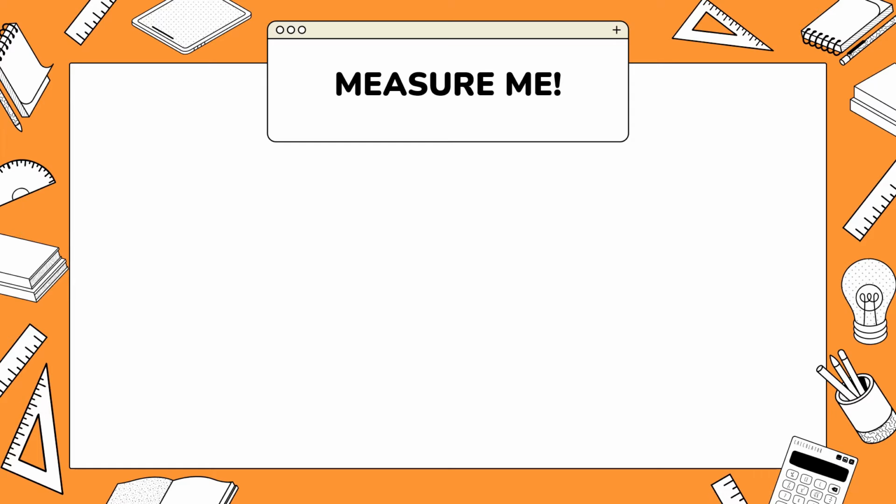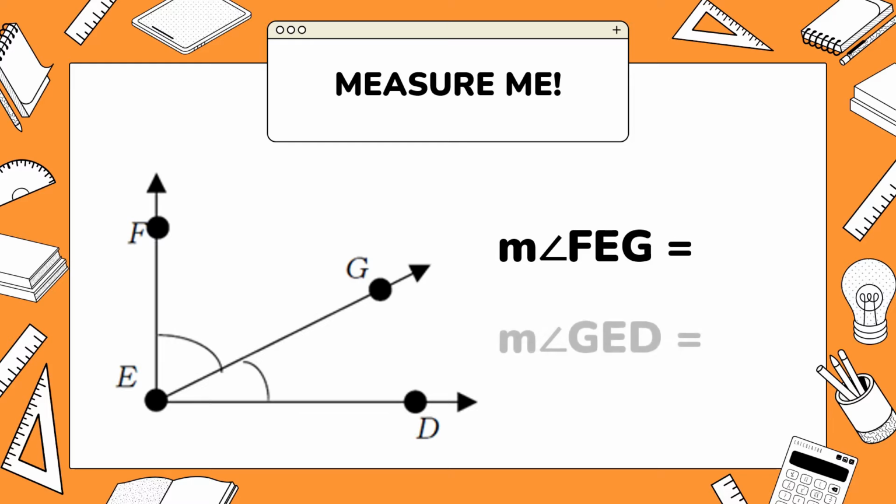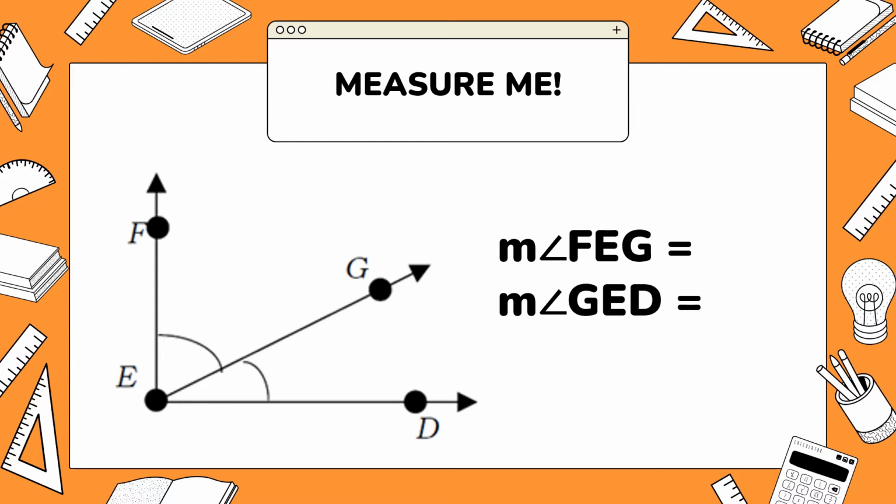Let's have first this first angle. You're going to get the measure of angle FEG and angle GED. Now, I'll give you 1 minute to get their measures. Your time starts now.